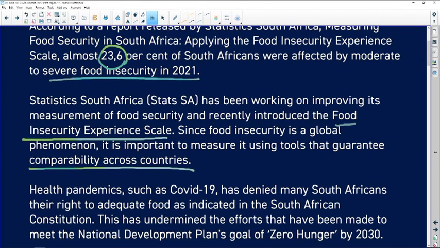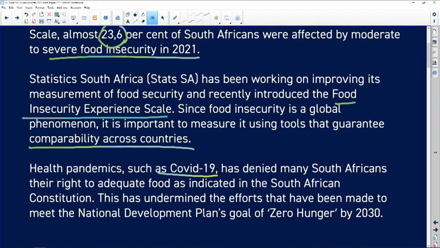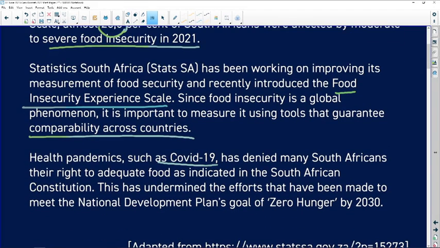Just want to underline the COVID-19 pandemic. Eventually this has led to the National Development Goal for zero hunger by 2030. So the purpose is there so that we don't experience food insecurity by the year 2030 anymore. So that we can produce enough food so everyone has nutritious meals on every single day.